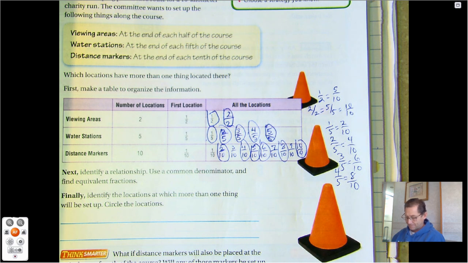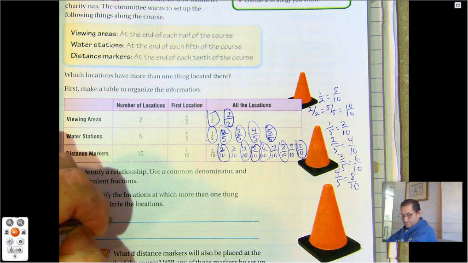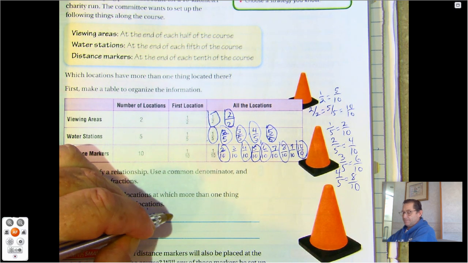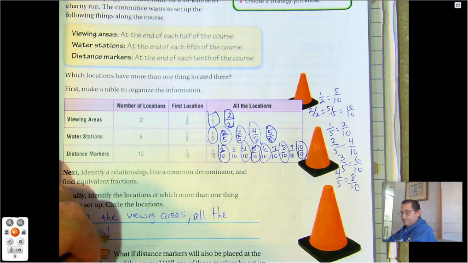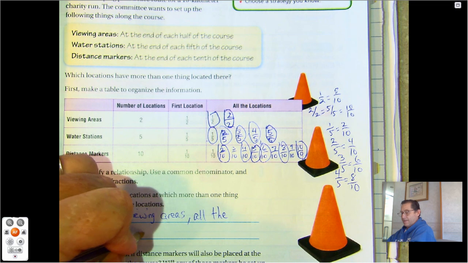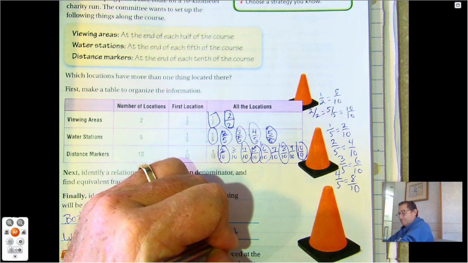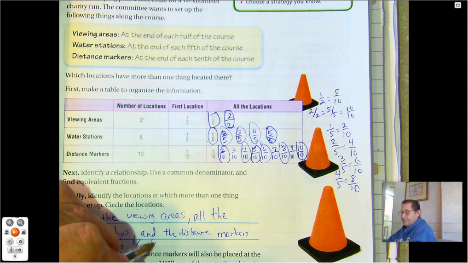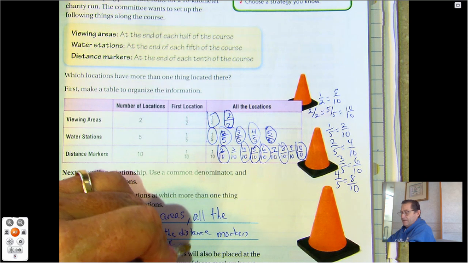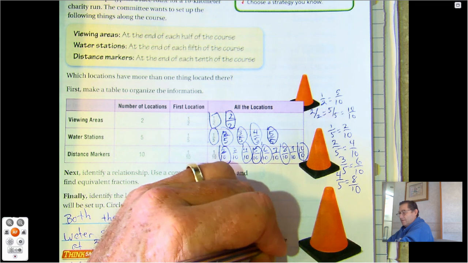Okay, so both the viewing areas, all the water stations, and the distance markers at 2/10, 4/10, 5/10, 6/10, 8/10, and 10/10 will all have more than one thing.